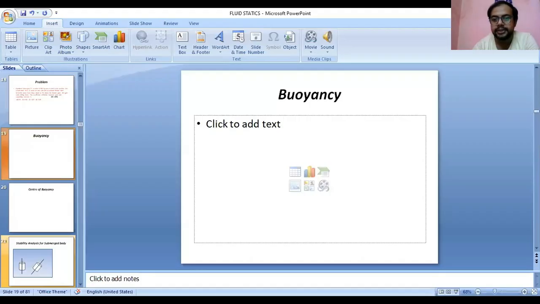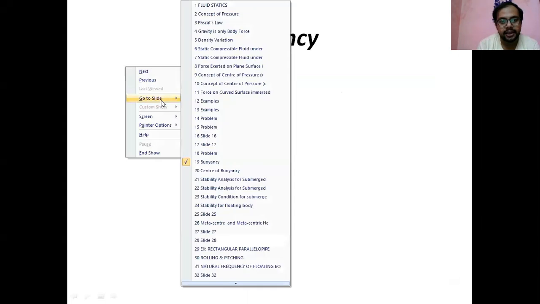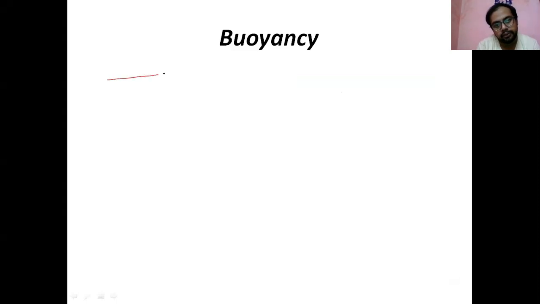How the buoyancy force is acting, this phenomenon is known as buoyancy. So in that case, consider here one free surface.